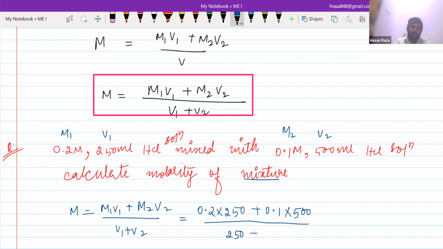That is 250 plus 500. V2 is 500, so you just need to calculate it. The decimal will be cancelled, 0.2 into 250 is 50 plus 50, upon now it will be 750. So 100 divided by 750 is 0.133.